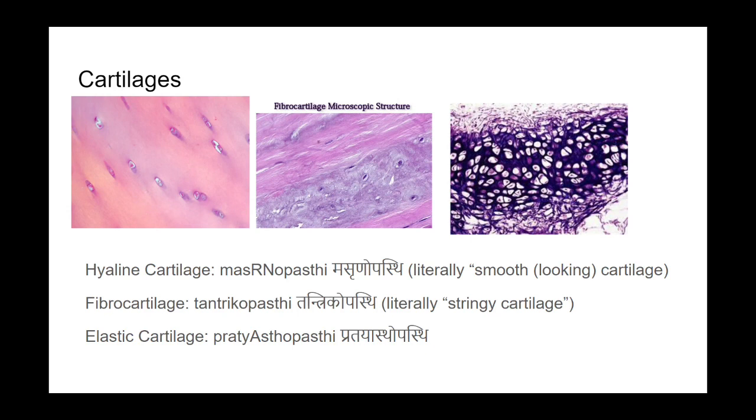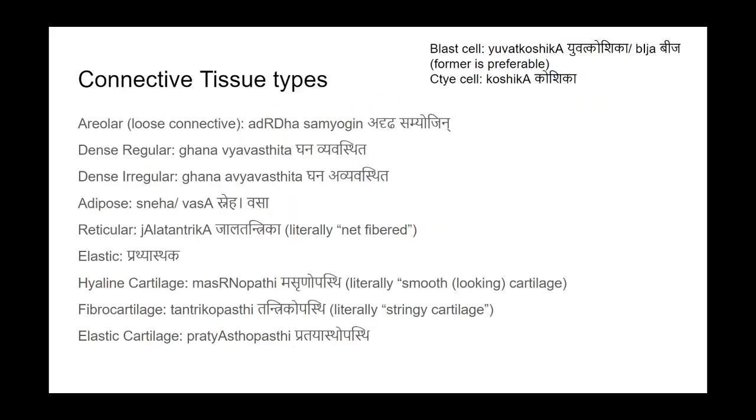As you know, elastic is pratyastha. Connective tissue types, here's a summary. Blast cells are yuvat koshika, by the way, or bija, as they're the ones that are immature and young, and they're the ones that seed these tissue fibers. Cyte cells, which are your mature cells, what you think of cells is just koshika, as usual. Of course, both blast cells and cyte cells are koshika.